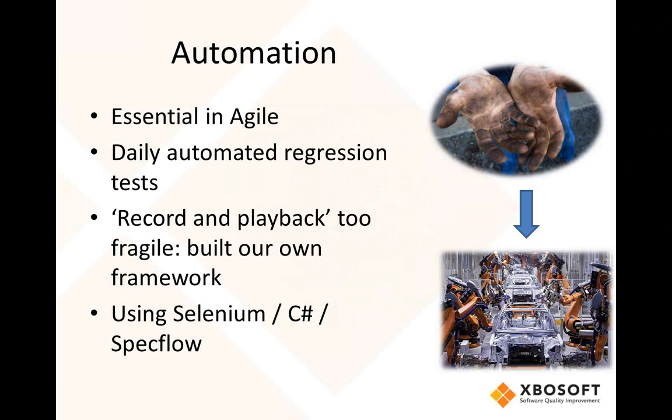In our experience, you can use two different ways to automate things. You can use record and playback, which is very simple, or you can build your own framework. Building a framework requires a little bit of investment in time, but in the end it provides much better results. Especially with web testing, we see that record and playback often breaks because it tends to use IDs of web elements that might be dynamic, that might be changing.